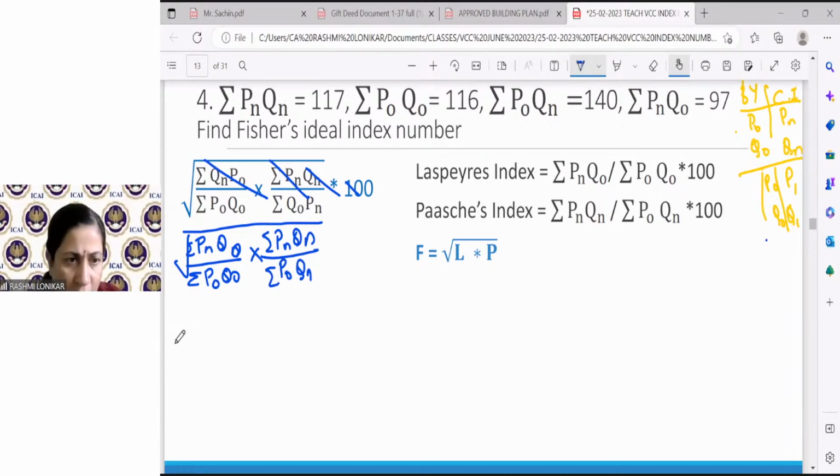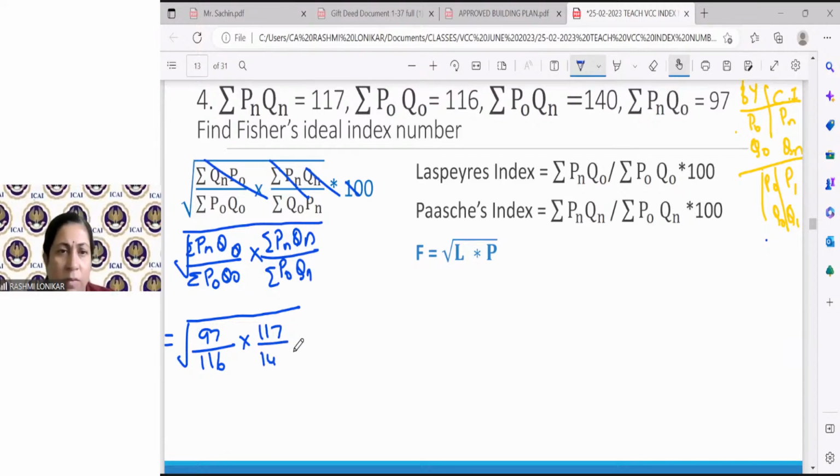So now let us find out. I will get the square root of summation Pn Q0 is 97 upon P0 Q0 is 116, into Pn Qn is 117 upon P0 Qn is 140. So can you find the answer?